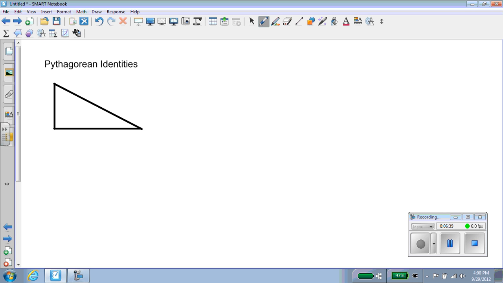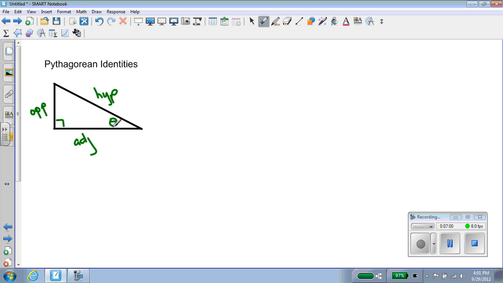They are the Pythagorean identities, and they come from the Pythagorean theorem, which you might remember talking about the opposite side and the adjacent side and the hypotenuse, and based on where theta was, we created all of our trig ratios.